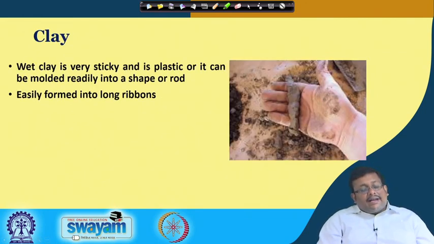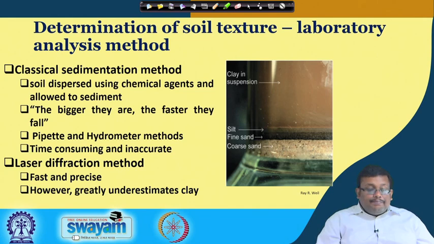And in case of clay, it is very sticky when wet, and also very plastic, so it can be molded readily into any shape or rod. Clay shows these characteristics, and you can also use clay to easily form ribbons, which you cannot do with sand and silt.